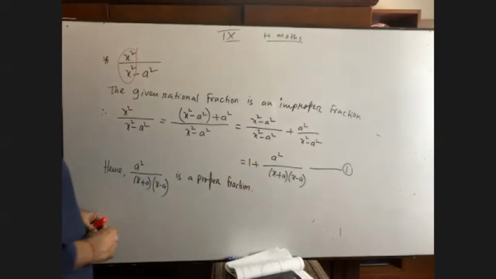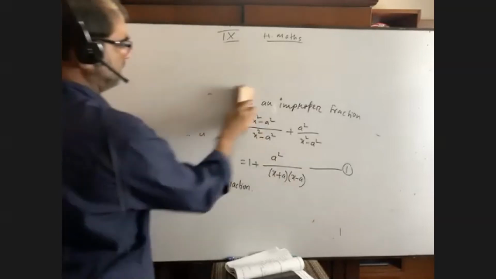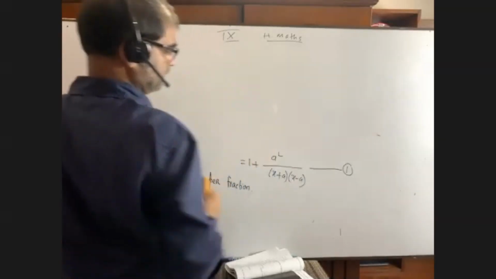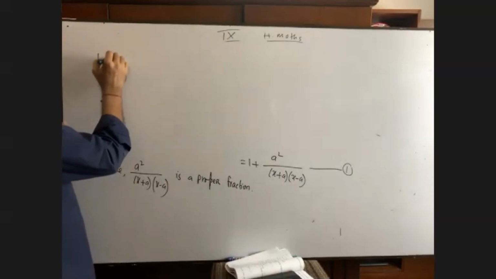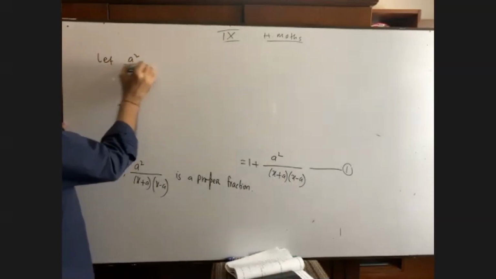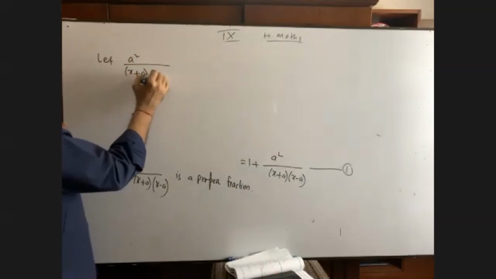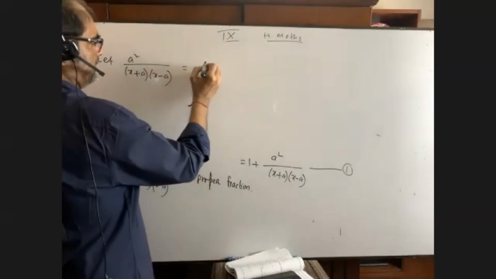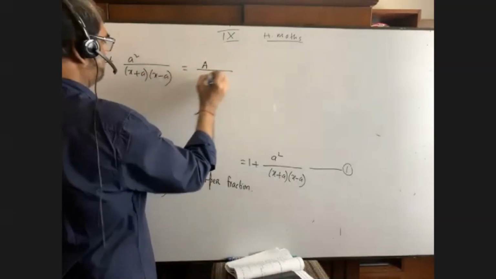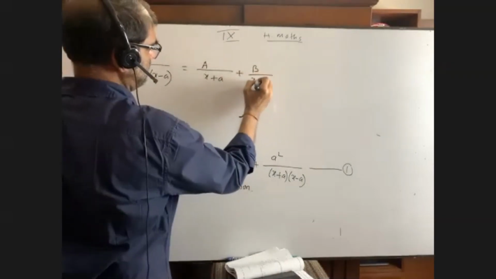Okay, now let a square by x plus a, x minus a equal a by x plus a, plus b by x minus a.